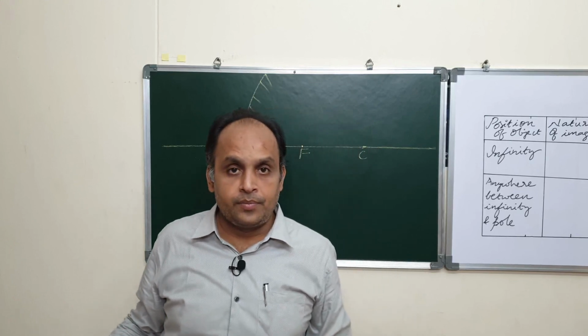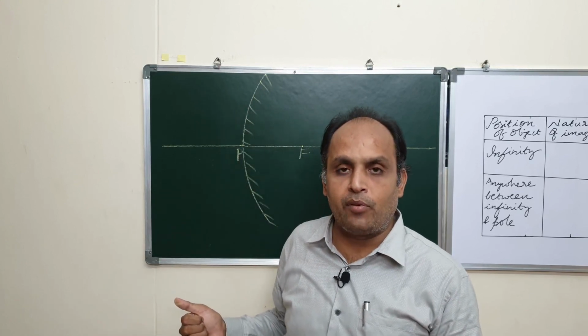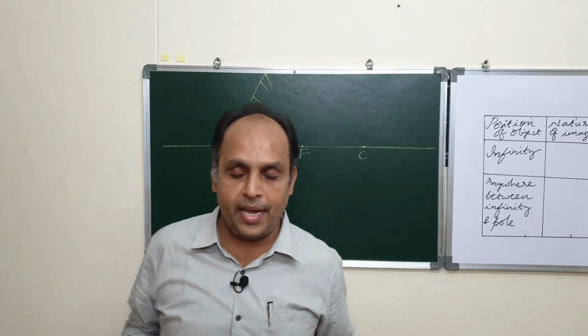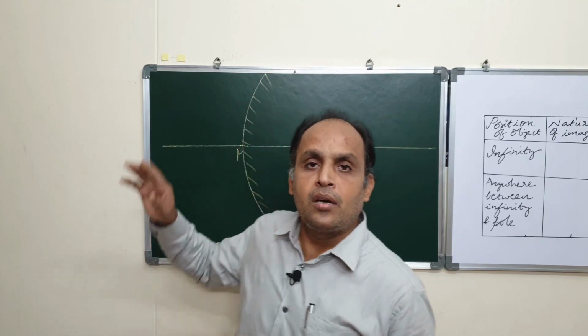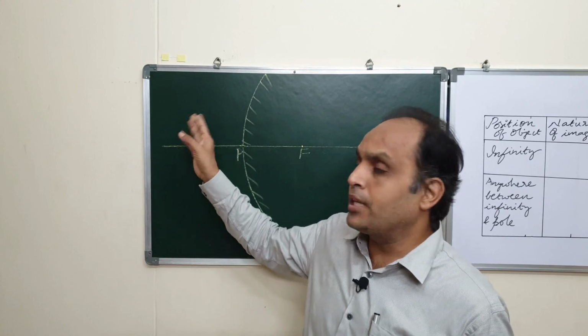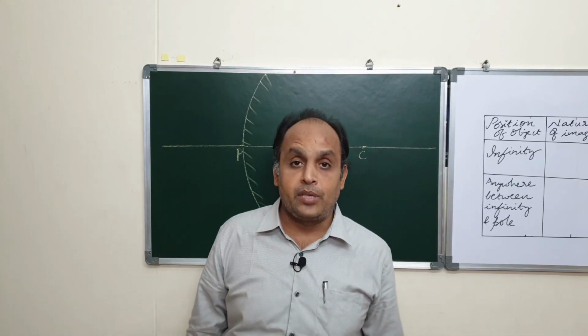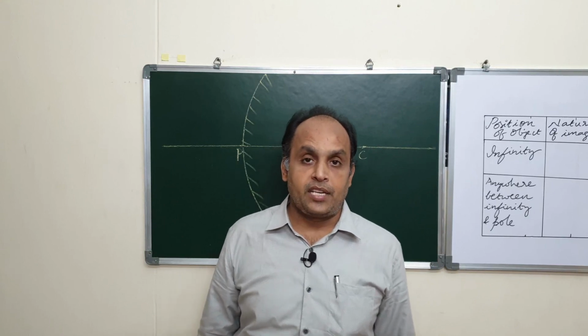And another thing that must be kept in mind whenever the object is at infinity, in case of any mirror, convex or concave, is that we should not represent or show the object in the diagram. Now why shouldn't we show the object in the diagram when the object is at infinity?